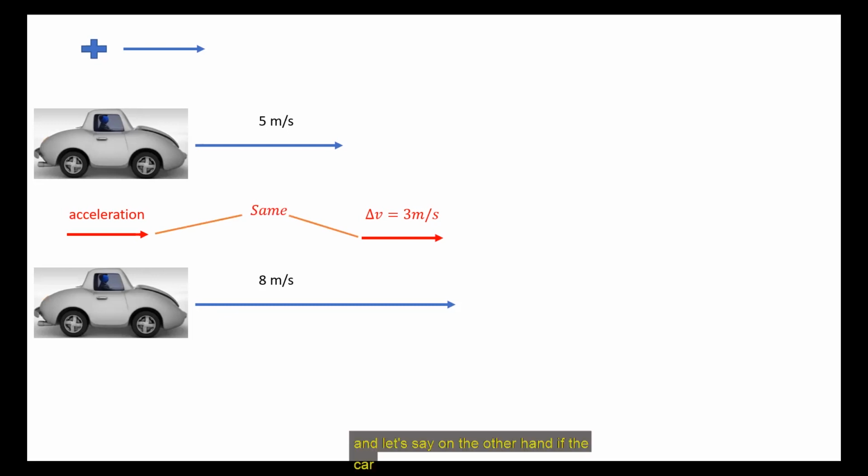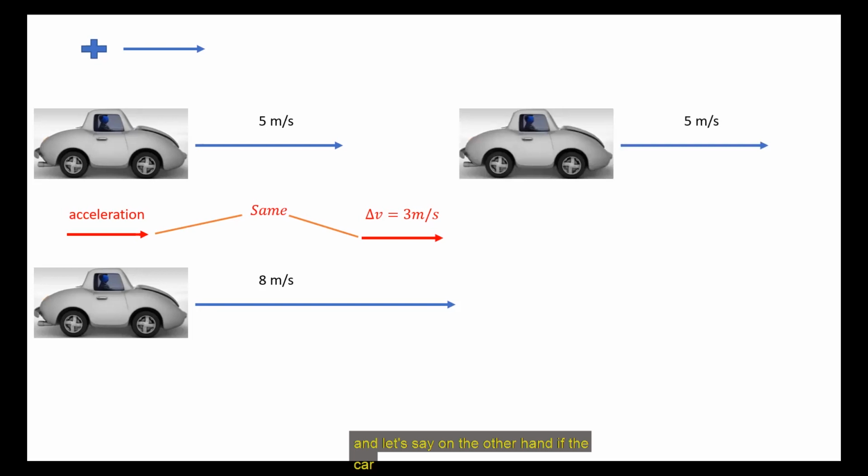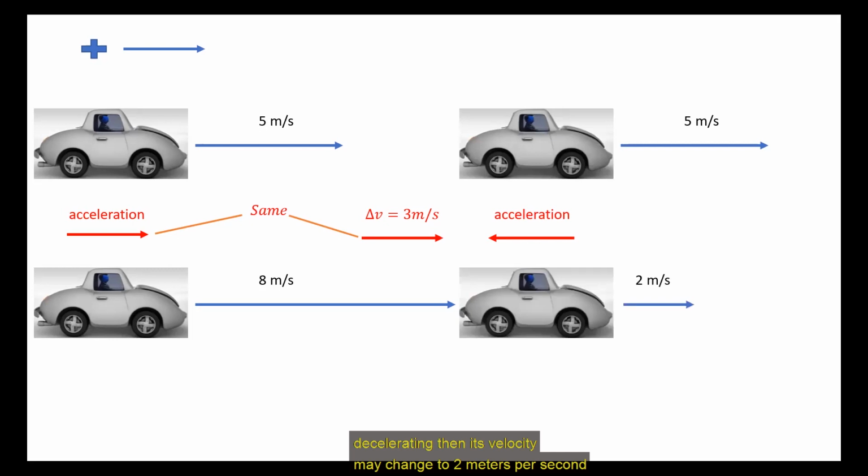Let's say, on the other hand, the car is accelerating to the left, or in other words, decelerating. Then its velocity may change to 2 meters per second. The change in velocity is going to be 2 minus 5, which is negative 3 meters per second, and negative is to the left.